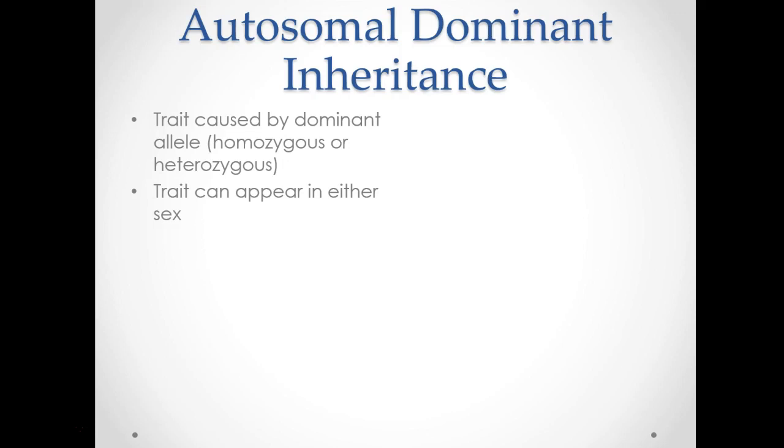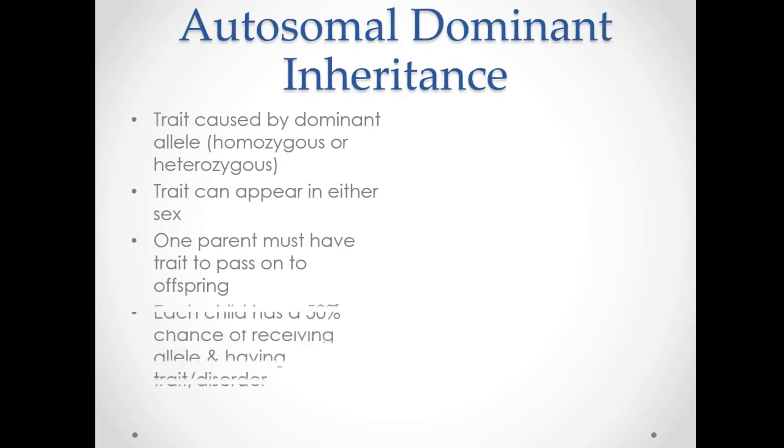It doesn't matter if you're male or female, because those 22 pairs of autosomes, we all have. And again, the big key here is that one of the parents has to have the trait to pass it on to their offspring. So this is something that you would know is in your family because your parent had it, and their parent had it, and their parent before them. So that's how this mode of inheritance works.